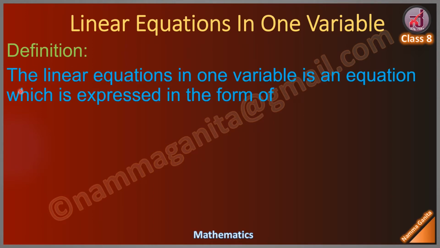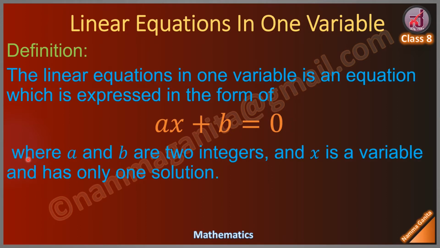Definition: a linear equation in one variable is an equation which is expressed in the form of ax plus b equal to 0, where a and b are two integers and x is a variable and has only one solution.